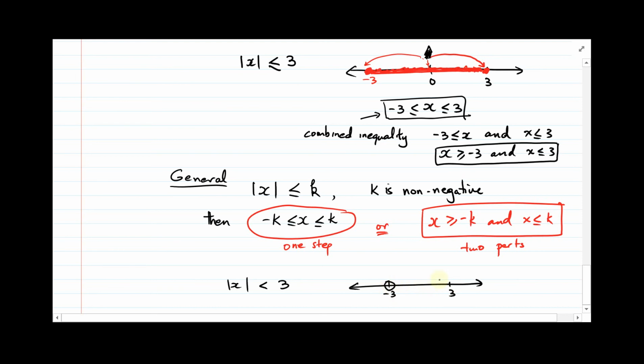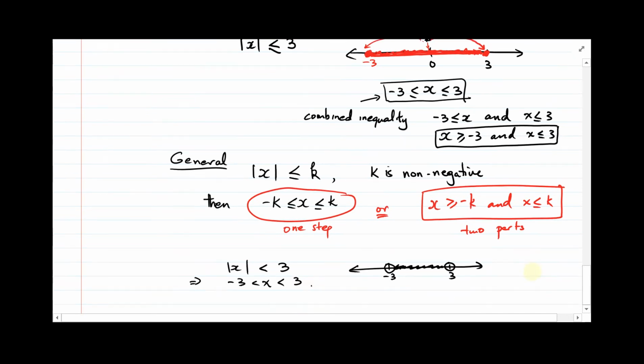You just have an open circle, and the center here would be shaded. So it's still a combined inequality or compound inequality. The easiest way of writing this, however, would be x is greater than -3, x is less than 3.